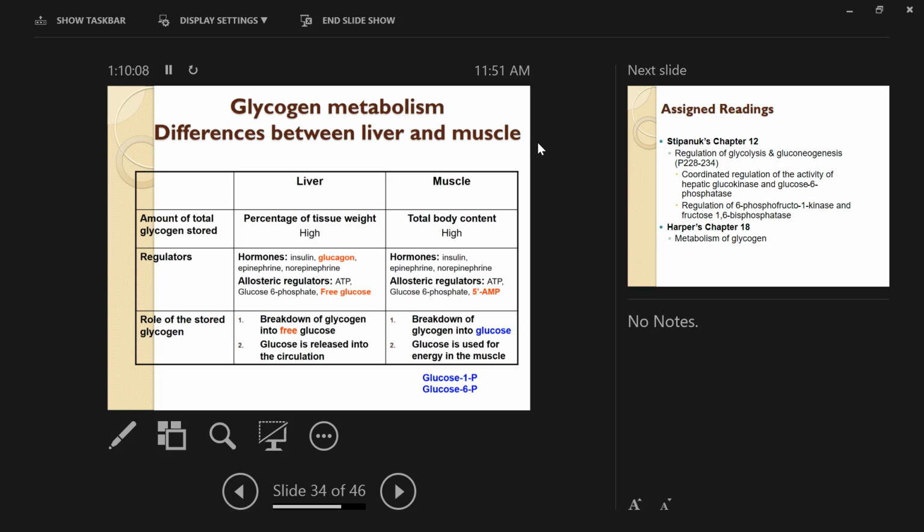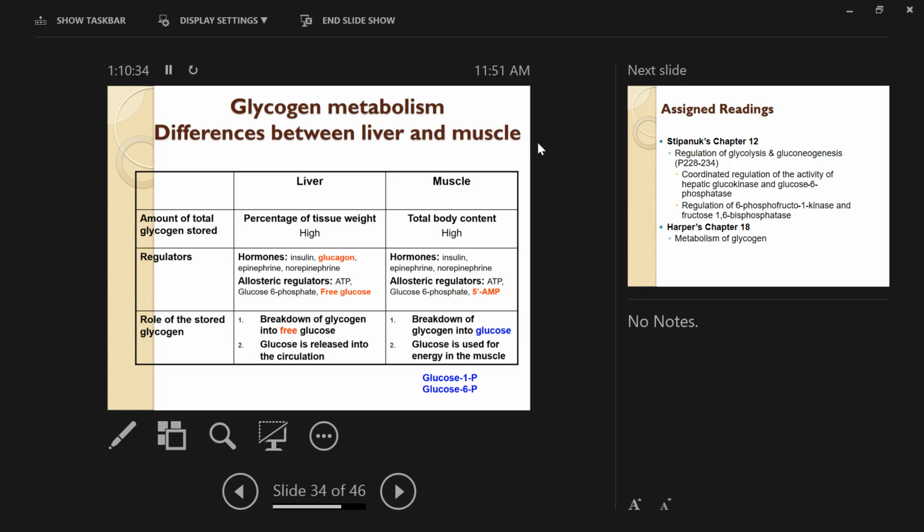And in terms of regulators, hormonal regulation: insulin, glucagon, epinephrine, and norepinephrine. The difference is that glucagon only regulates liver glycogen metabolism and not muscle, right?